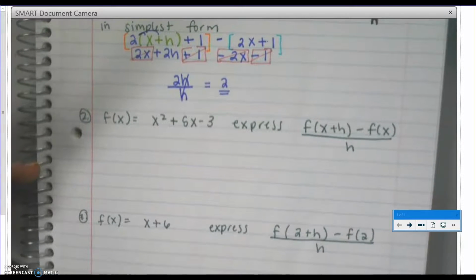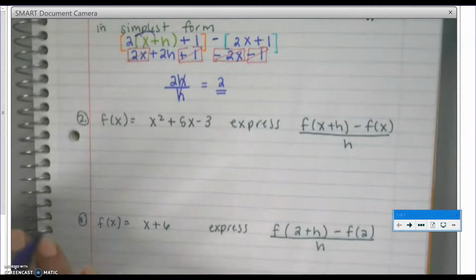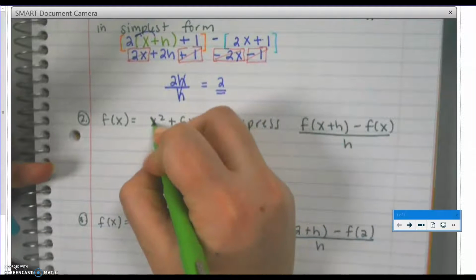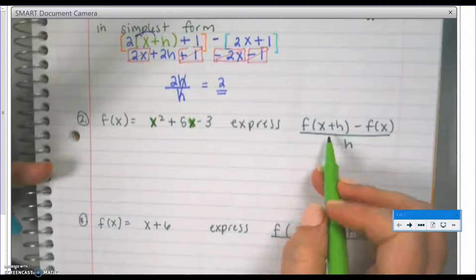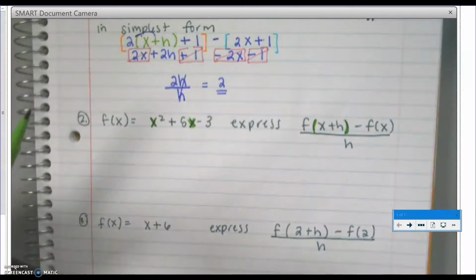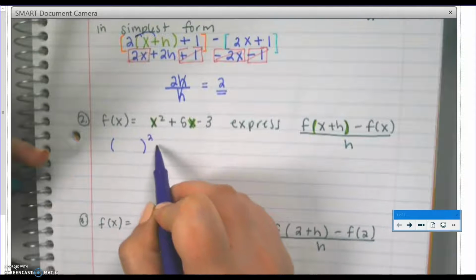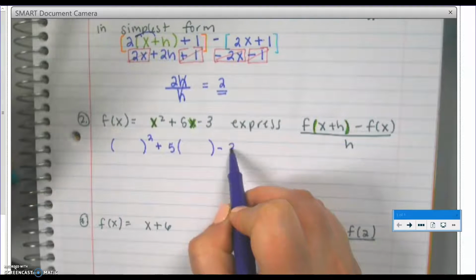All right, so do the same thing for number 2. Again, f of x plus h. So I'm replacing the x's with x plus h. All right, so that's going to become x plus h squared, plus 5 times x plus h, minus 3.